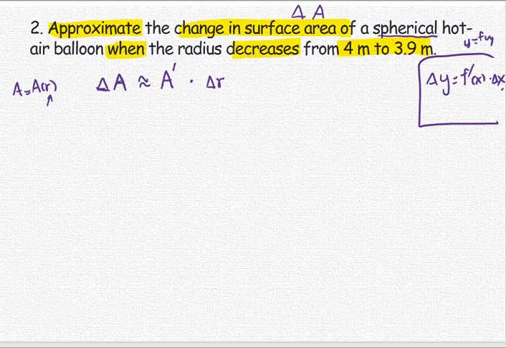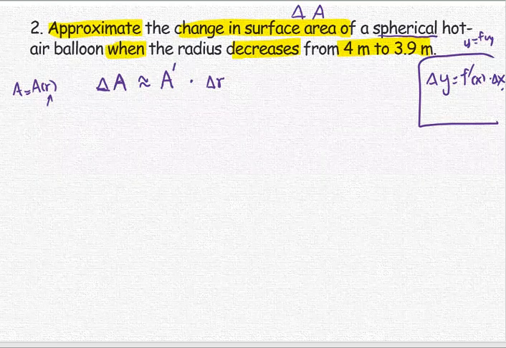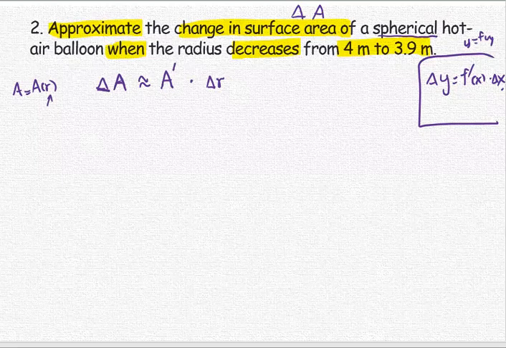This time A is a function of r. We're going to find the change in surface area as delta A, approximated by the rate of change, which is the derivative of A with respect to r.